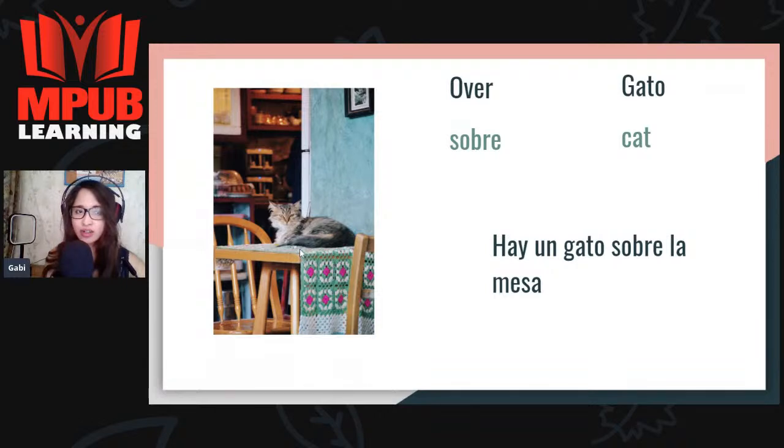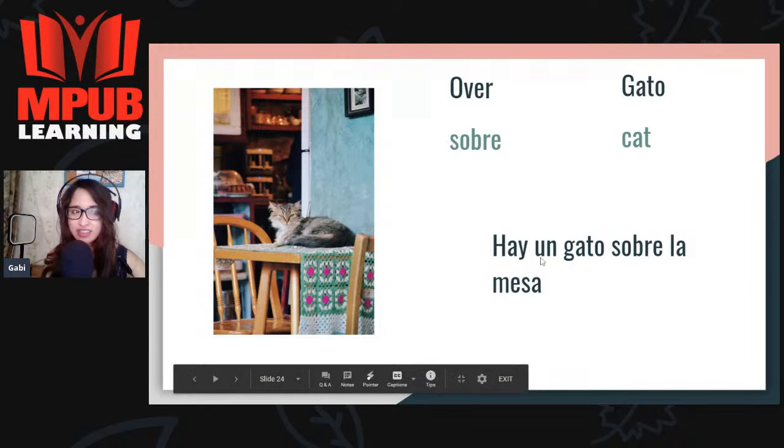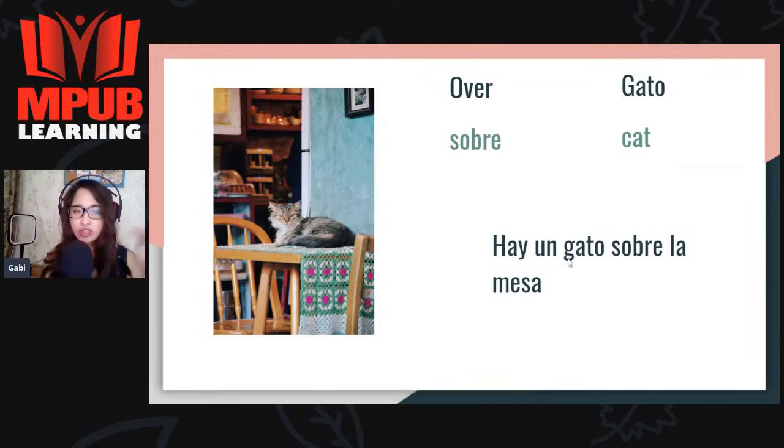There's a cat over the table. Not the correct way of saying it in English, that's why I didn't put the translation. In Spanish, it would be hay un gato sobre la mesa.